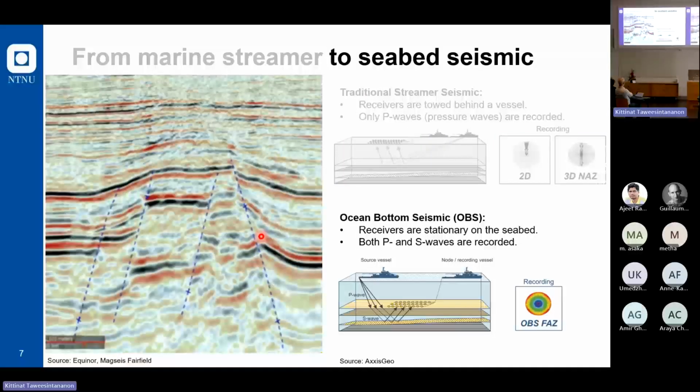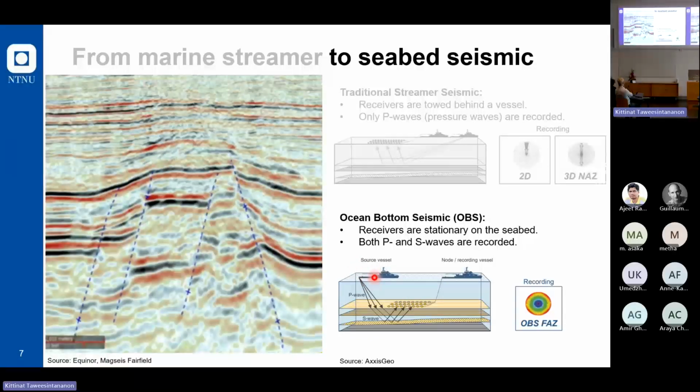So people try to move to ocean bottom seismic sensors. Here we deploy the seismic receivers on the seabed, and the geometry of the receivers is independent of the source.